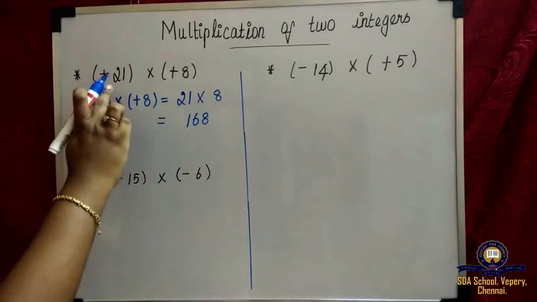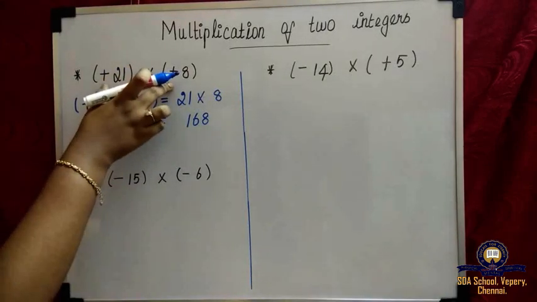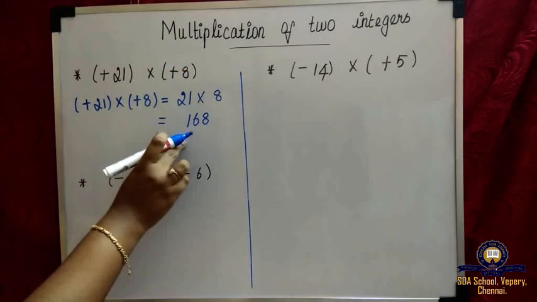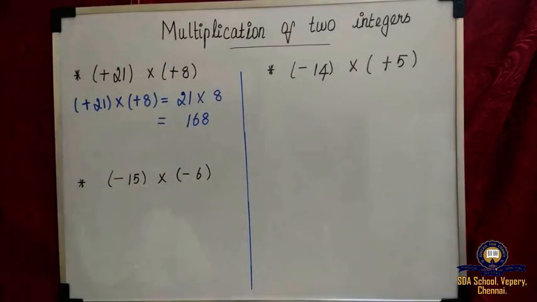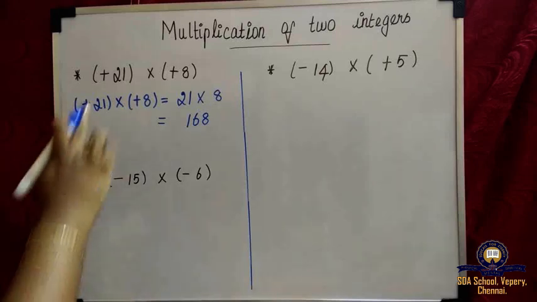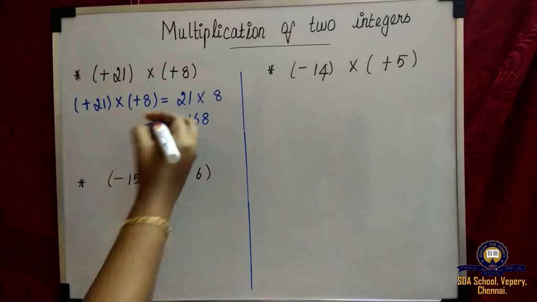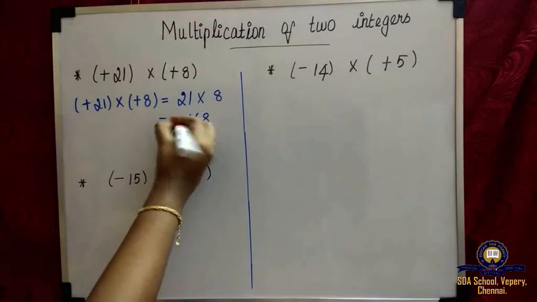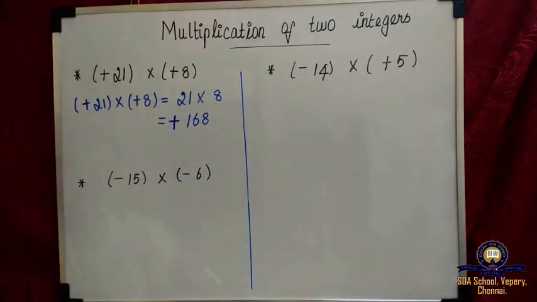Here the two integers have the same sign. Therefore, the product of the two integers will be a positive integer since both have the same sign. So it is plus 168.